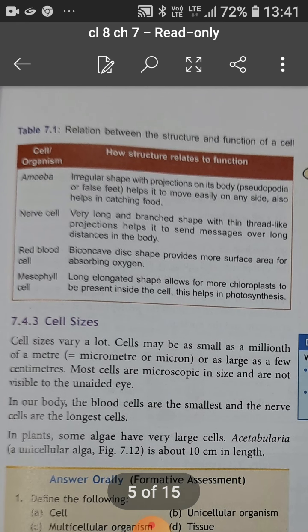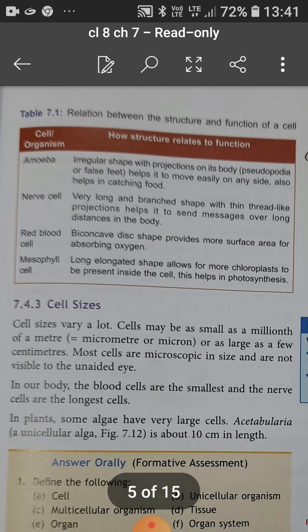So this structure is called pseudopodia or false feet. These projections help it to move easily on any side, also help in catching food.